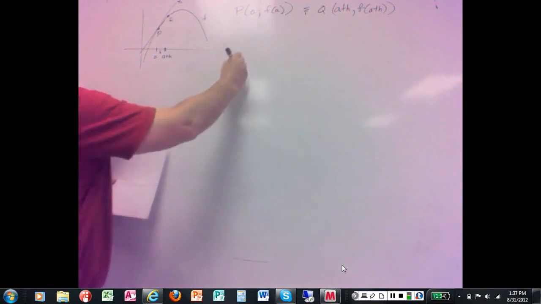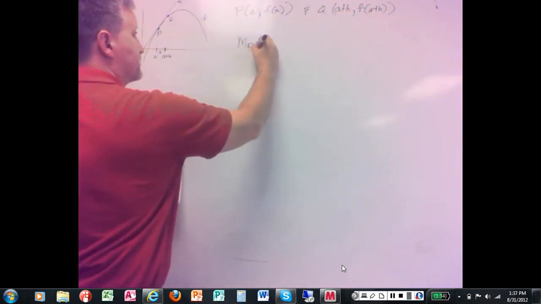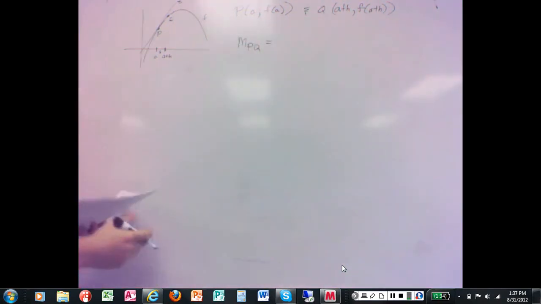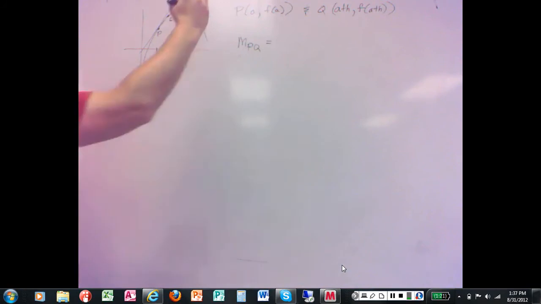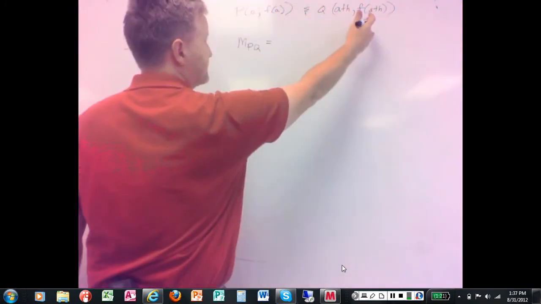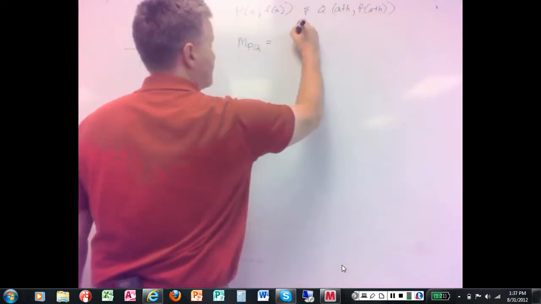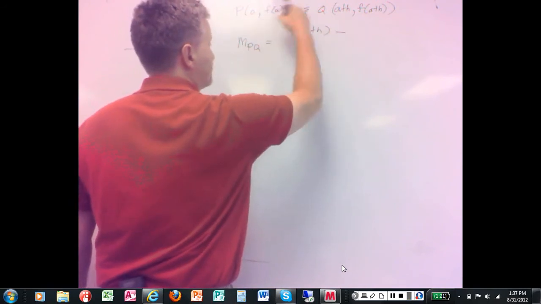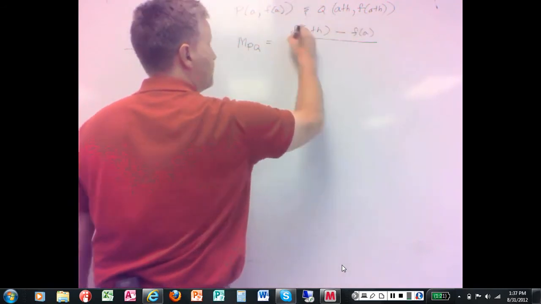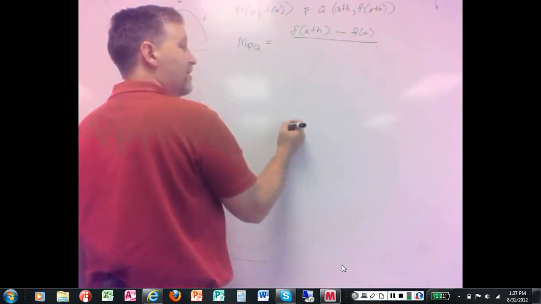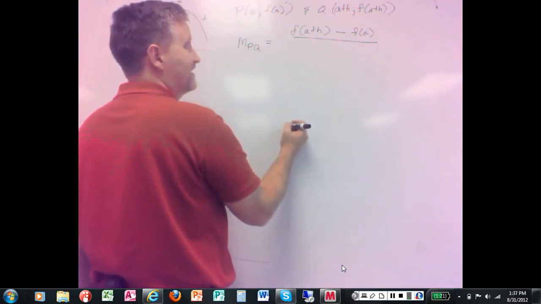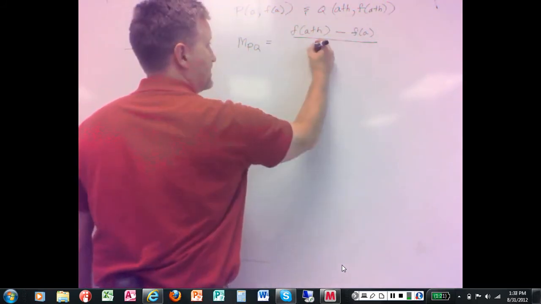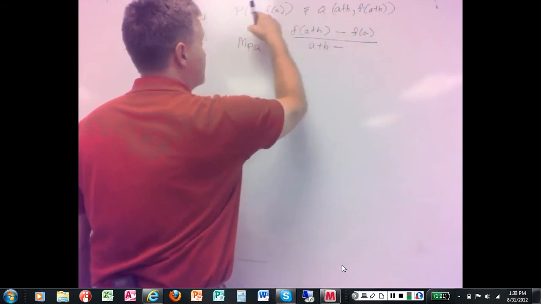Okay. So now what is the slope of this secant line going to be? Well, difference of the y's, which is f of a plus h minus f of a, over, now what's the difference of the x's? Well, this x is a plus h minus this x, which is a.